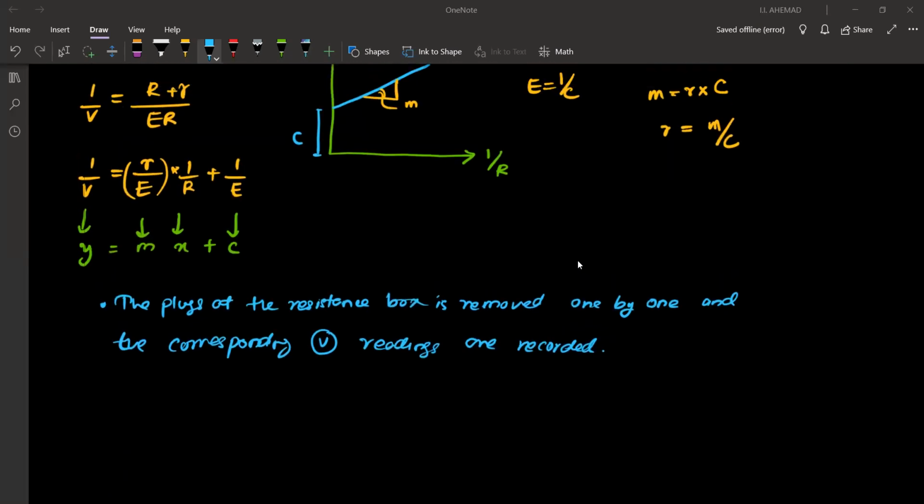So when do we use a rheostat? And sorry, when do we use a resistance box?